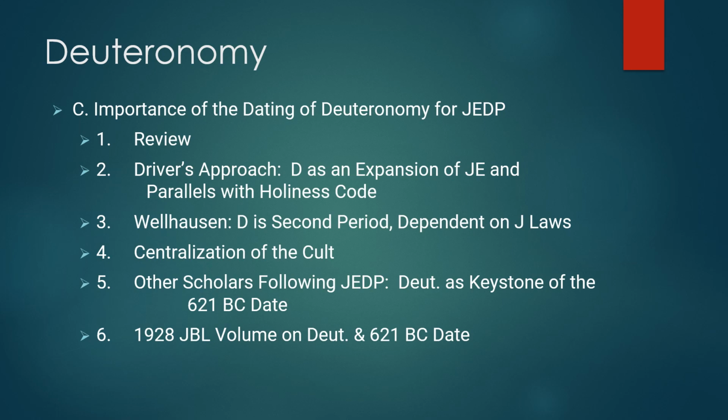Or the case for the late date, they're giving that case and then critiquing it, and then talking about how they accept the Wellhausen date of 621. But those articles are pretty good summaries of the debate that was going on about 60 years ago. The debate is still going on, but you can go back and look at those 3 articles and get a pretty good introduction to some of the issues that we've been discussing.